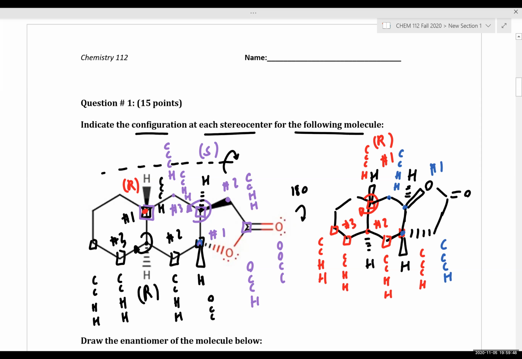So which group is higher priority, the bottom or the left group? The bottom, yep. And the left group is priority 3. So now tracing from highest to lowest priority, we're going clockwise. So what is the center going to be? R.